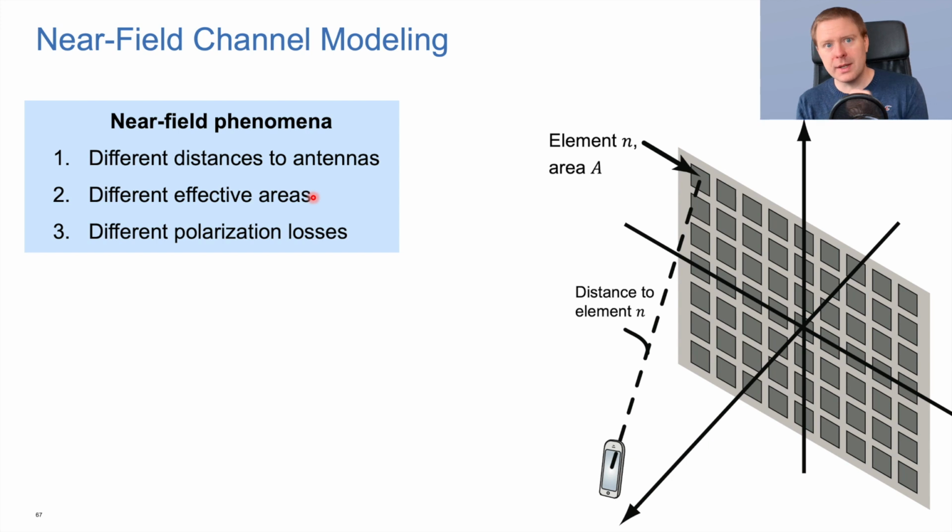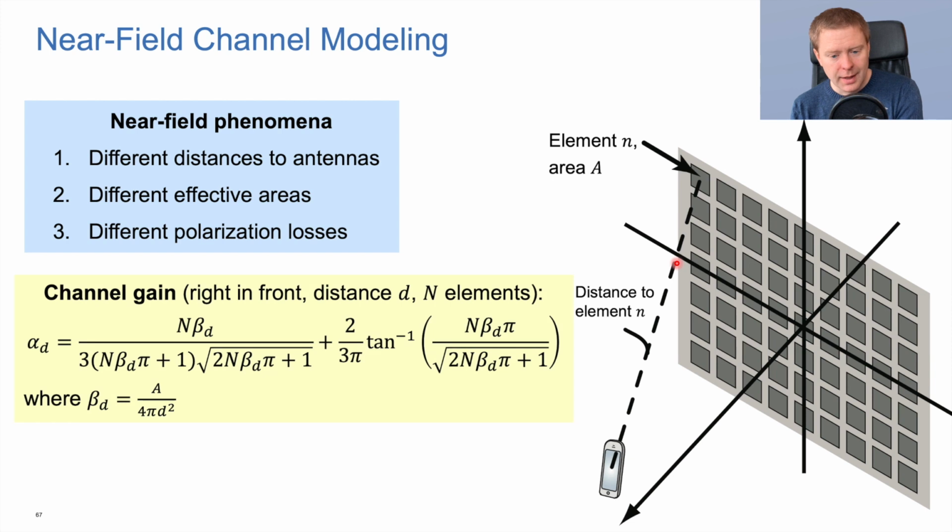So if you are taking a sheet of paper and look at it from the side, it will look smaller, and it's the same type of effect. And we also have different polarization losses depending on when the signal has a particular polarization. When it's entering the array from different angles, it will also react together with the elements in different ways. And I will not go into exactly how to model this in detail, but one can compute expressions for this.